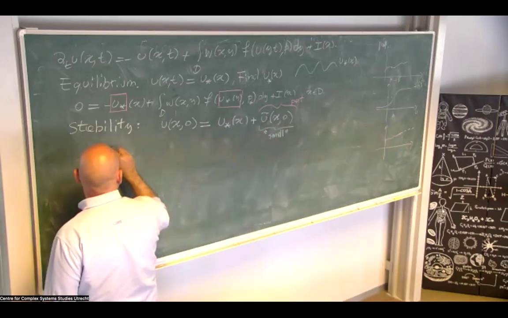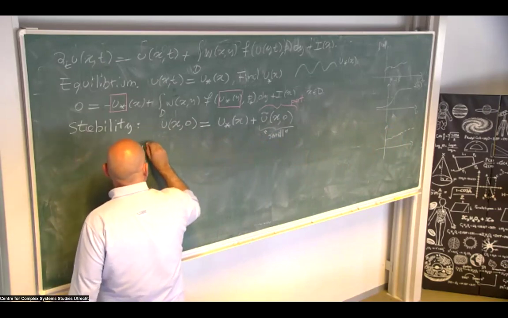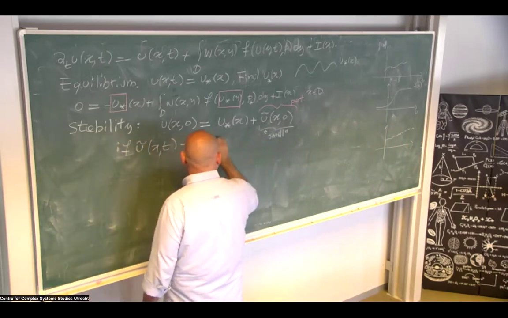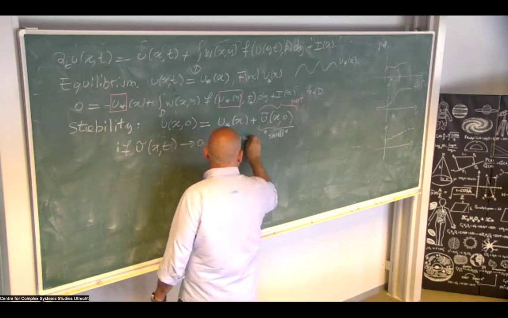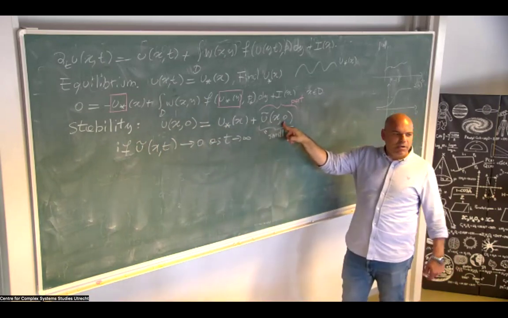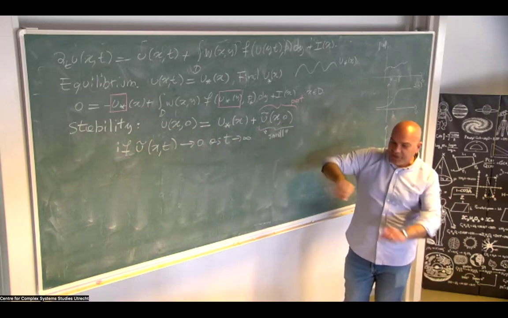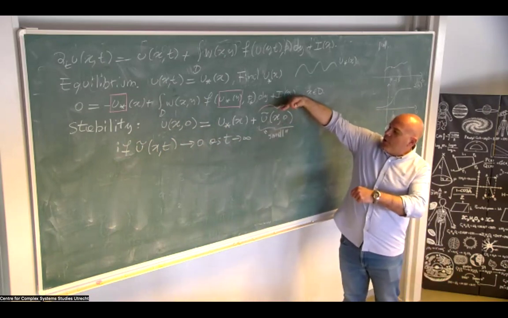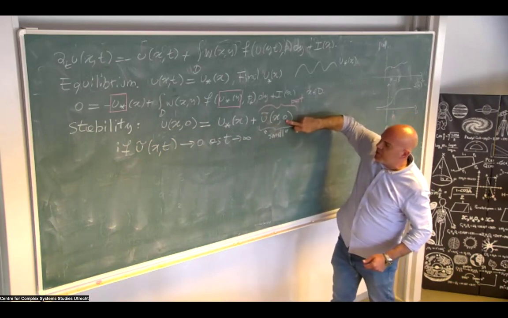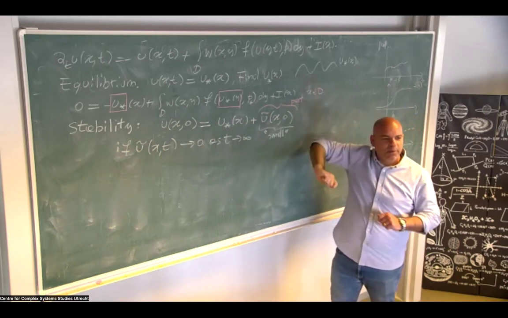You get stability if u tilde of x as a function of time goes to 0 as t goes to infinity. So this was an initial perturbation that you make, and now you're interested in the response of your system after you bring it out of the equilibrium. What is going to happen? Will this term go to 0 as t goes to infinity, in which case I go back to the equilibrium, or will it blow up over time?